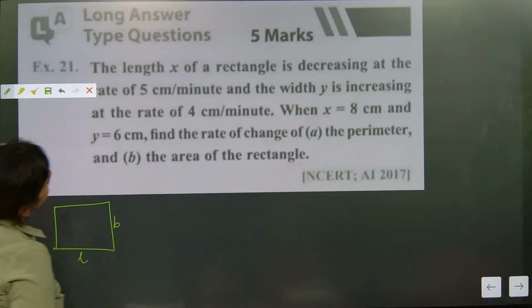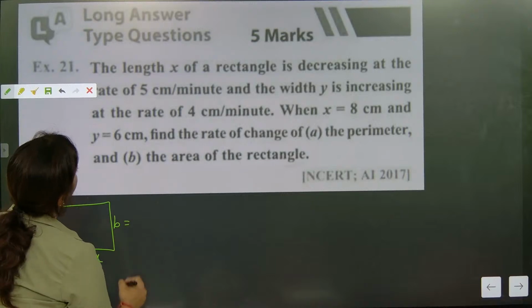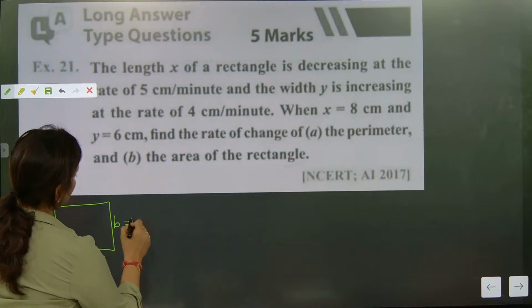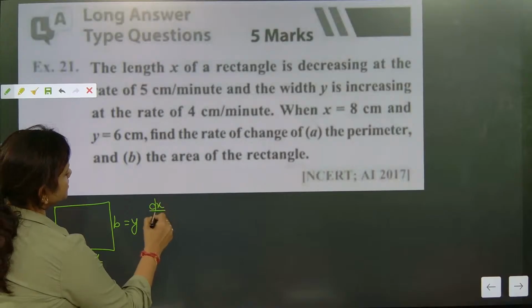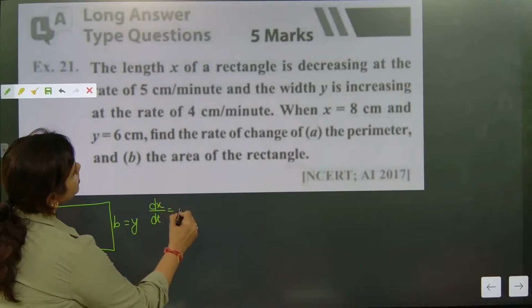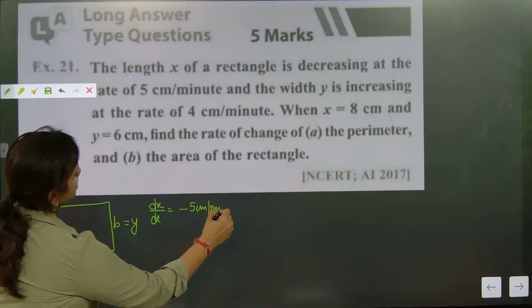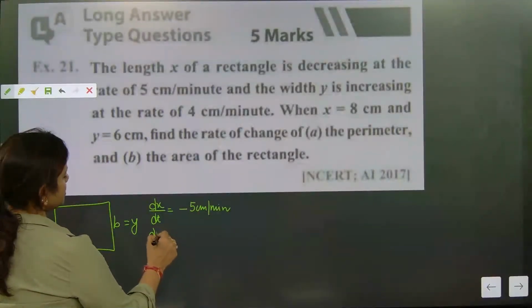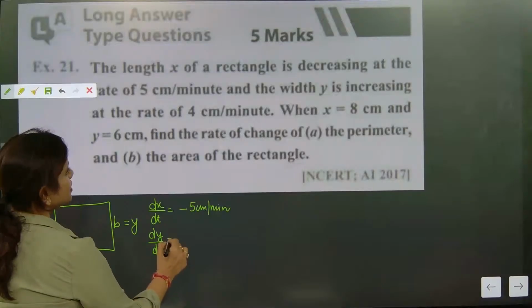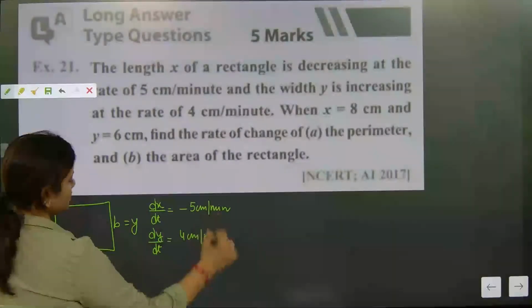Now look, the length is x and the breadth we are going to take as y. So the length is decreasing, that is dx by dt is equal to minus 5 centimeter per minute. And dy by dt is increasing, dy by dt is equal to 4 centimeter per minute. Done?